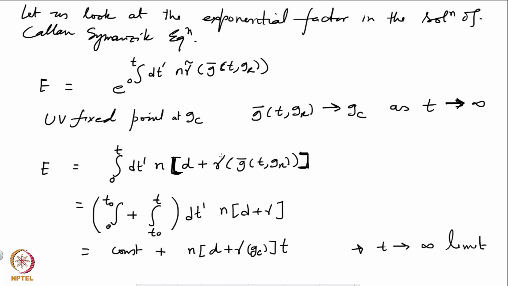I have dropped the functional dependence and put it as a constant, because in this region I can approximate the gamma by just gamma of gc. Whatever difference there is comes from the constants. So the integral really behaves as n times d plus gamma gc times t. That is the dominant behavior. Because t is going to infinity, this is an infinite quantity, so I don't worry about the constant.